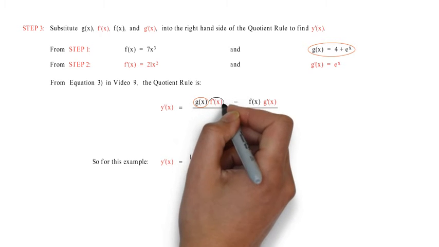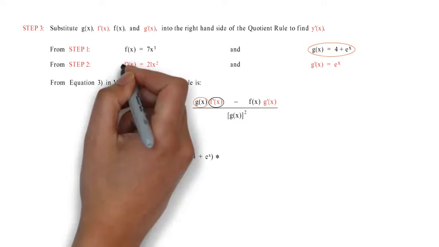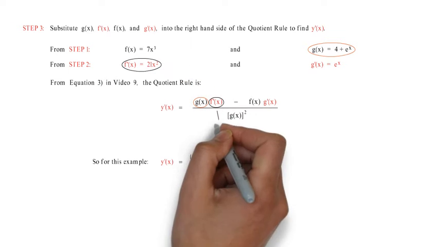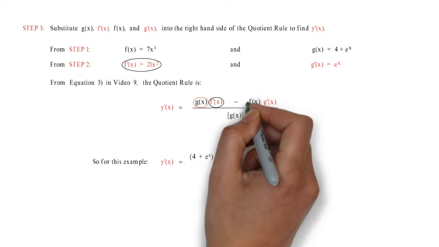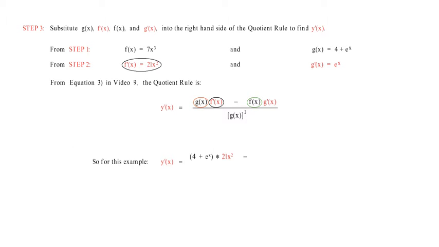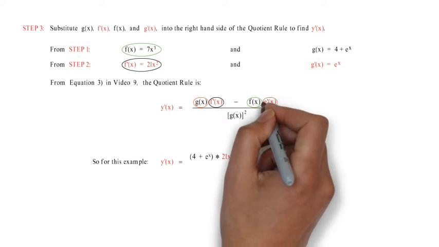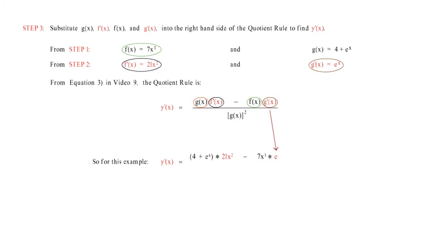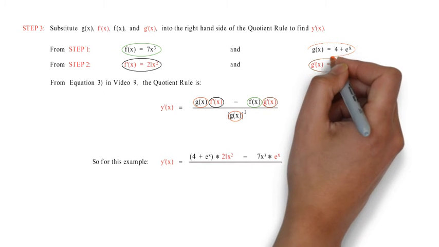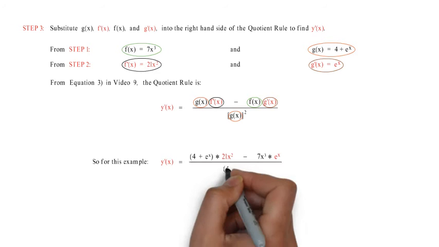Times f'(x), which is 21x squared, minus f(x), which is 7x cubed, times g'(x), which is e to the x, divided by g(x), which is 4 plus e to the x, again.